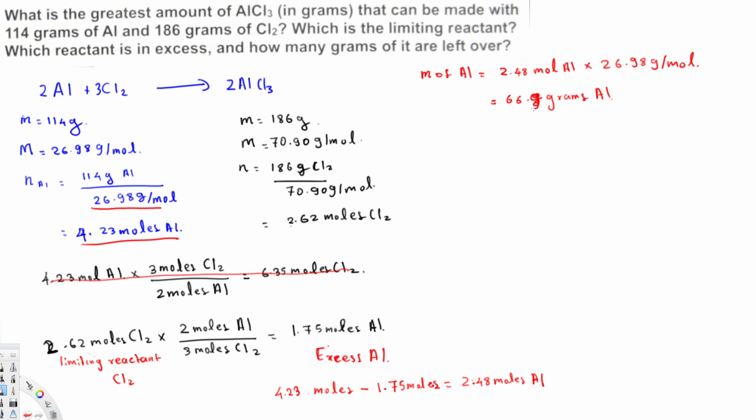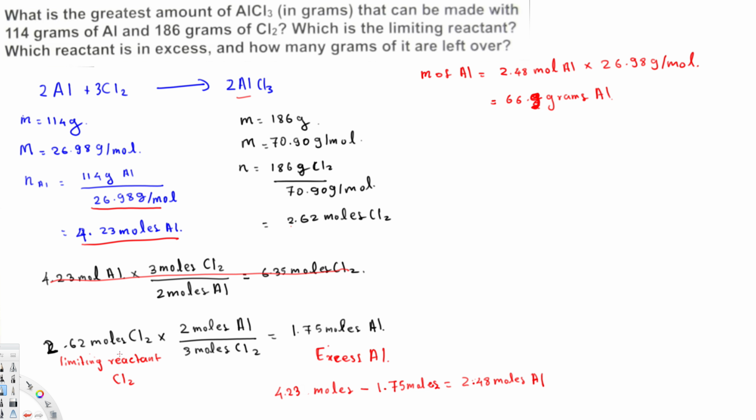So we have this information right here, but we didn't answer one more question. What is the greatest amount of AlCl3 that can be made with 104? So they are asking for the amount that can be made with this experiment, right? So we are using 2.62.